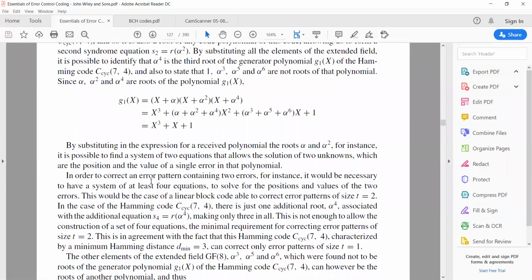Now, very important: we substitute into the expression for the received polynomial the known roots of the generated code, because we already know the roots of the generator polynomial equation.